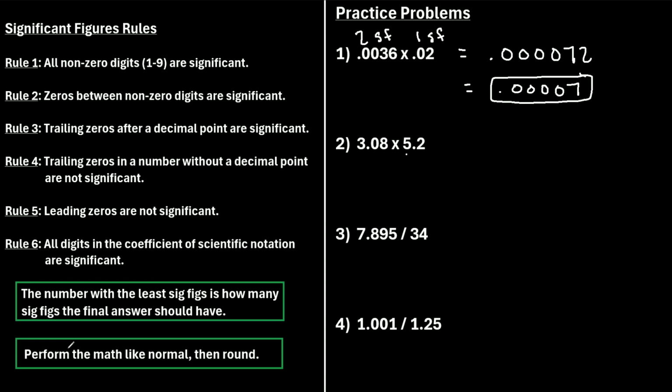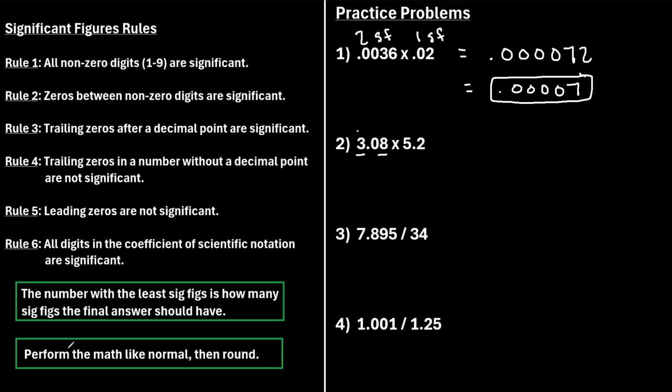Okay, now let's check out example number 2. 3.08 times 5.2. So again, the first step is identify how many significant figures are in each of these numbers. So in this first number here, we know the 3 and the 8 are significant because they're non-zero, and this 0 right here in between them is also significant. And we can reference rule number 2 over here to verify that. Zeros between non-zero digits are significant.